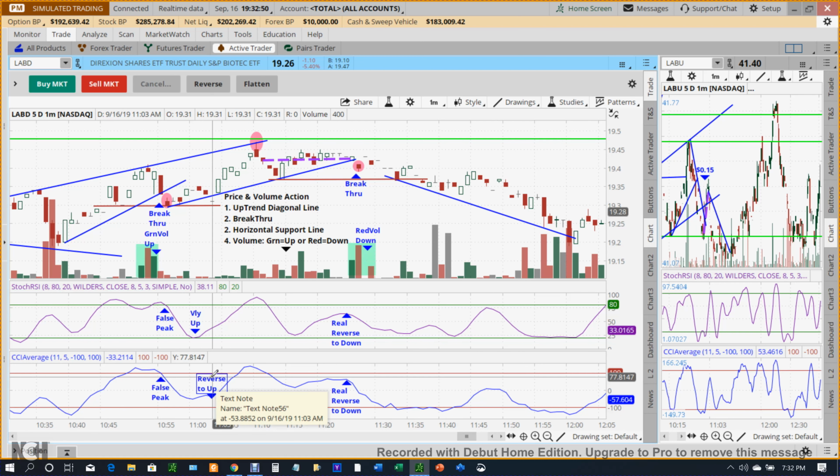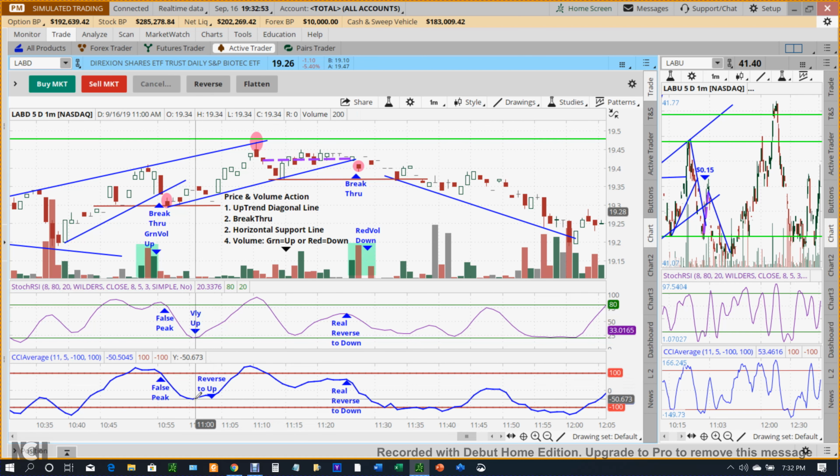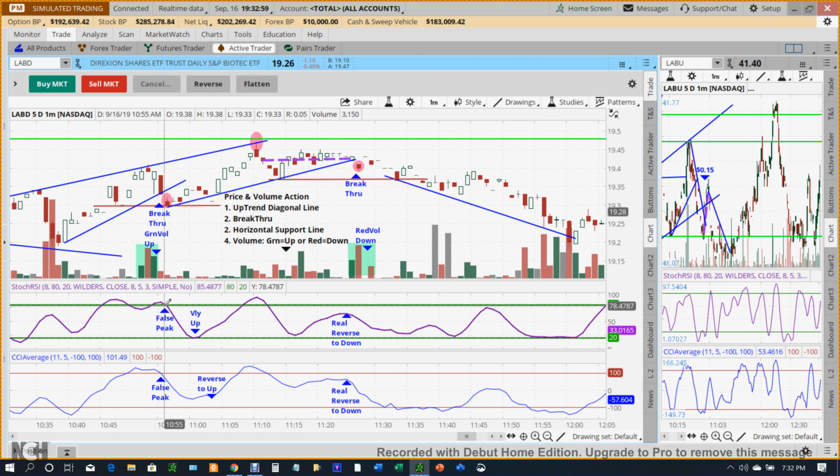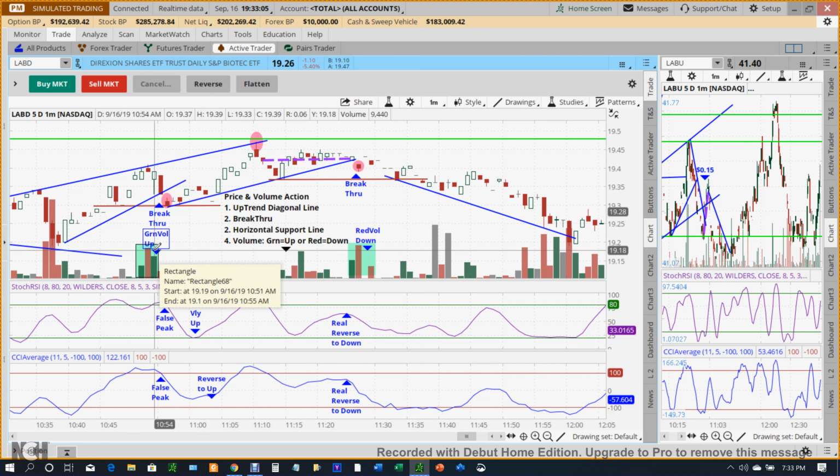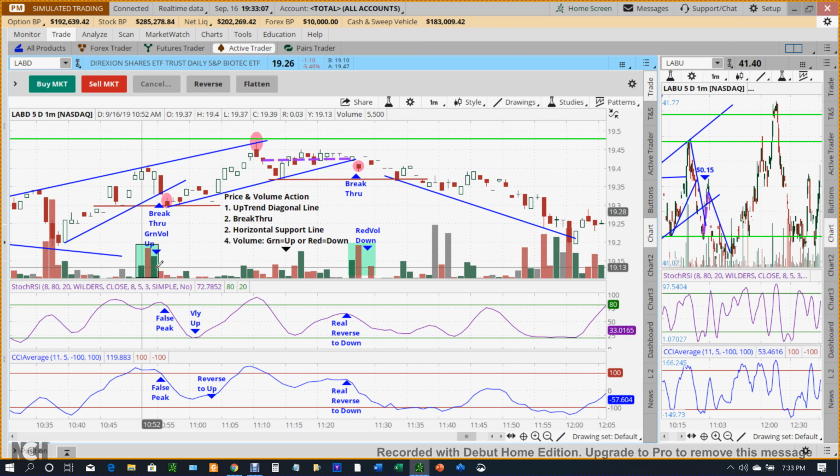So again, you have to wait on this reversal stuff. You have to wait just a little while. The breakthrough ends up coming right after the volume on this one, and right in the middle of the volume on this one.